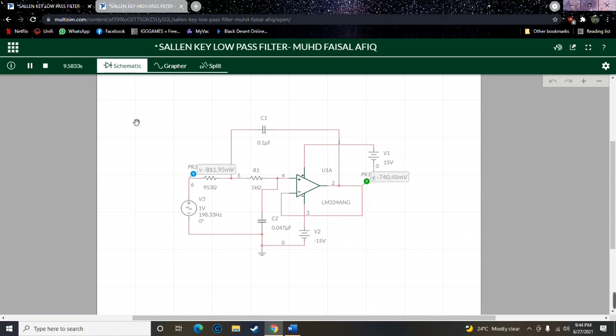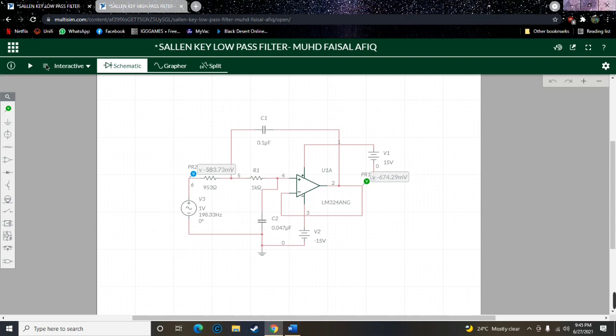The value of resistor and capacitor is already given to us from the lab sheet, so we just have to calculate the cut-off frequency. What we will be experimenting today is what happens to the voltage gain if the frequency is less than the cut-off frequency, and if it is more than the cut-off frequency.